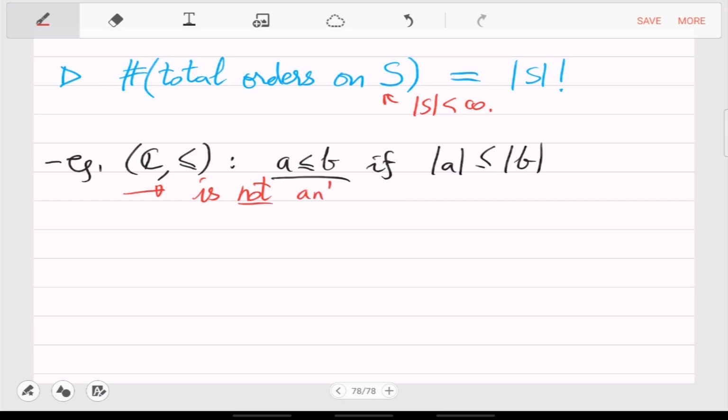It is not antisymmetric. A counterexample is square root of -1 and minus square root of -1. So these two are different elements, but they have the same norm. Which means that this is not a partial order even.